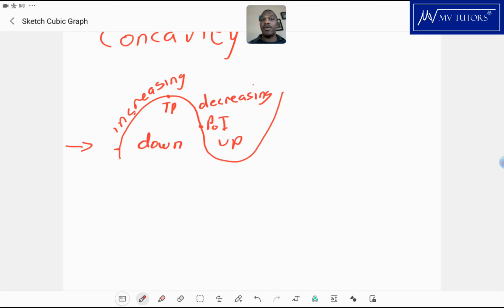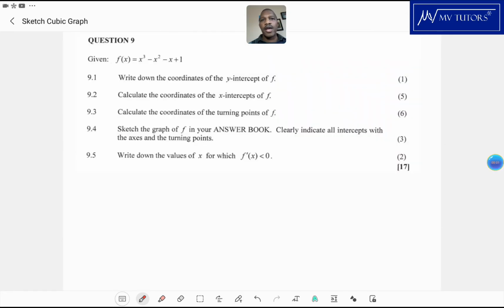Now I think we're ready to answer our question. Let's get into it. Now, check this out. 9.1. Write down the coordinates of the y-intercept. What did we say about the y-intercept? We said when you're solving the y-intercept, you let x equal 0.